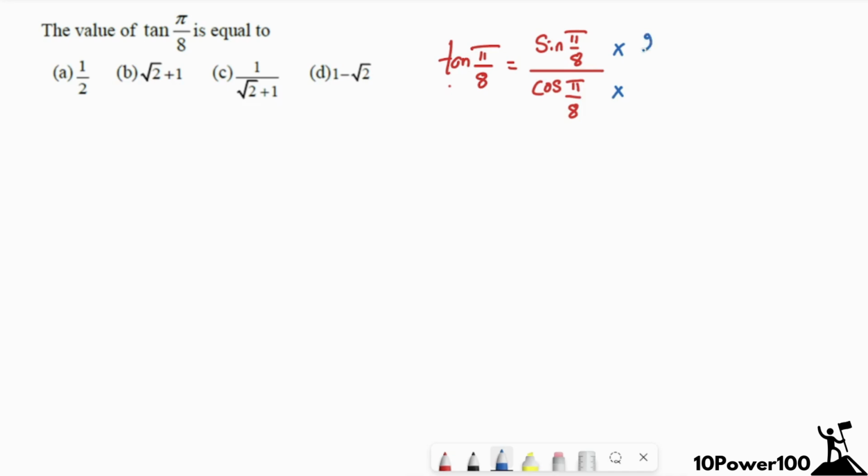We'll multiply 2 cos pi by 8 to the denominator as well.